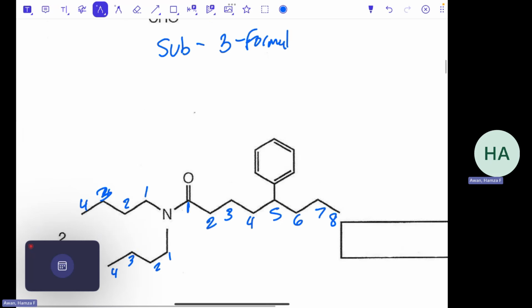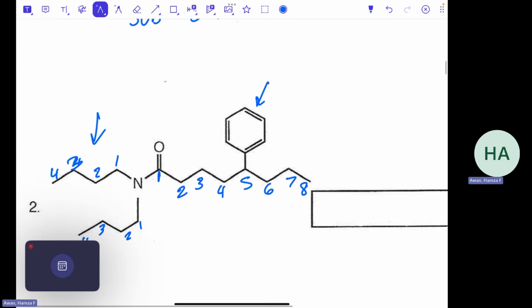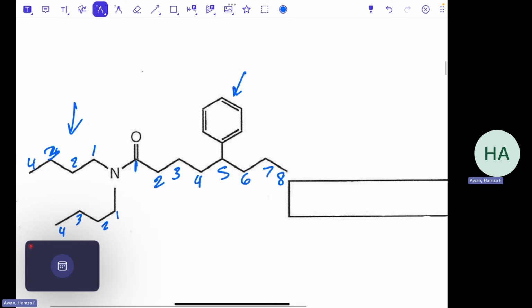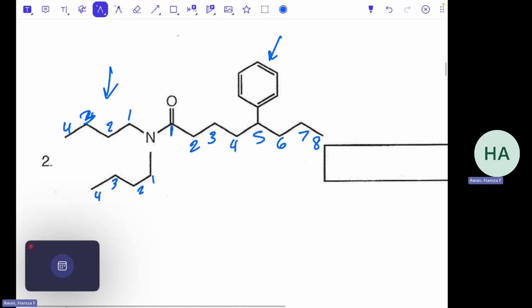And so because of that, technically we have 3 substituents. We have 2 substituents off the nitrogen, and then 1 substituent off of carbon 5. So our first course of action is going to be to name our parent chain.